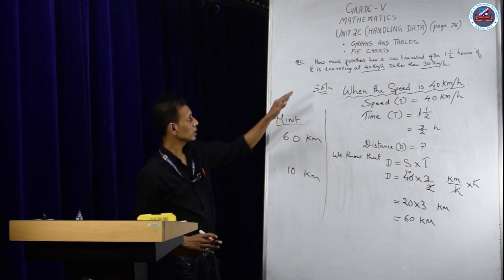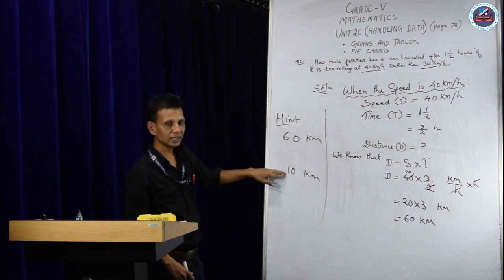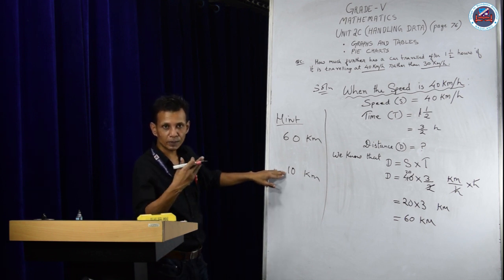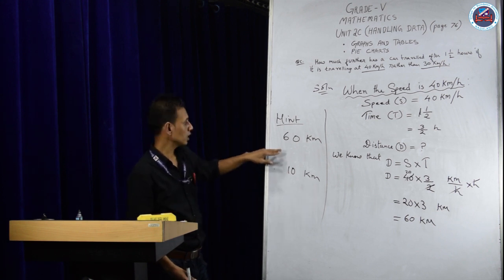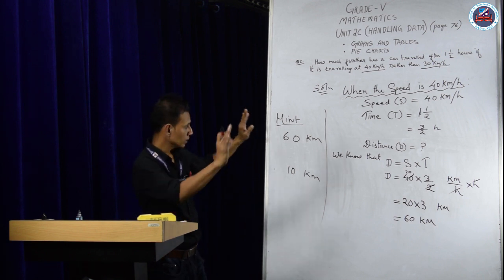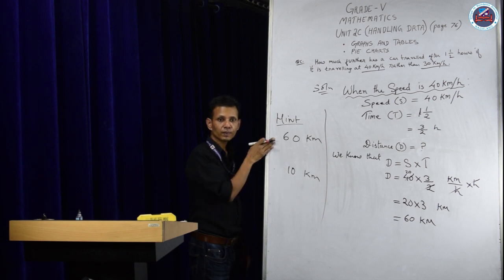Now, how much farther has the car traveled? At 30 kilometers per hour speed, the car can cover only 10 kilometers. At 40 kilometers per hour speed, the car can cover 60 kilometers. So, if the car, instead of 30 kilometers per hour, is running at 40 kilometers per hour, how much farther will the car go?